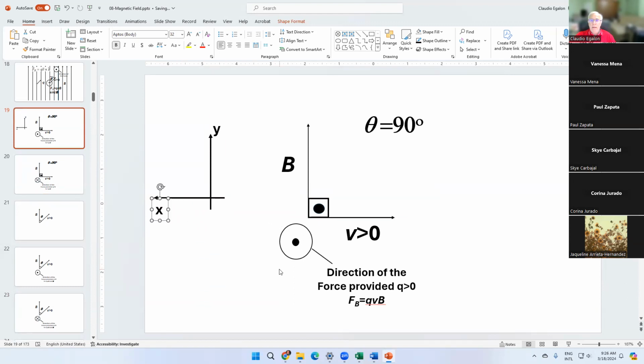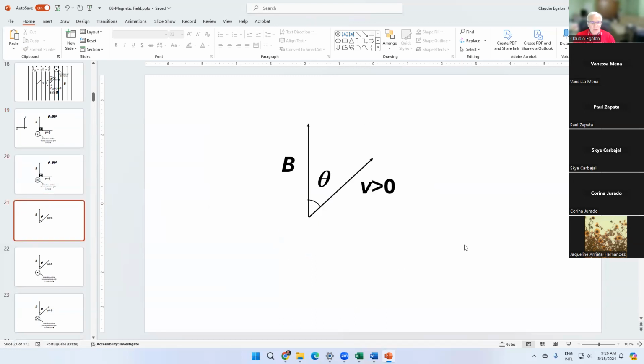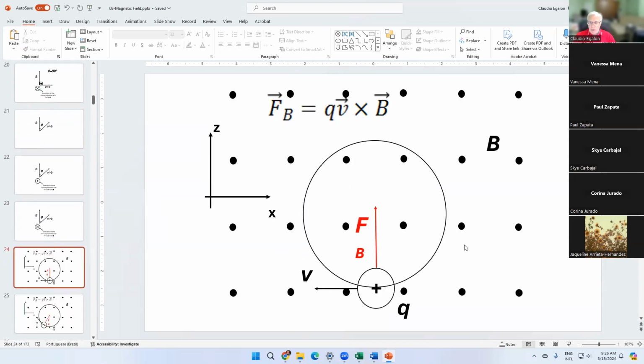Why is the X in the other direction? X is in the other direction because it's opposite to the velocity vector.